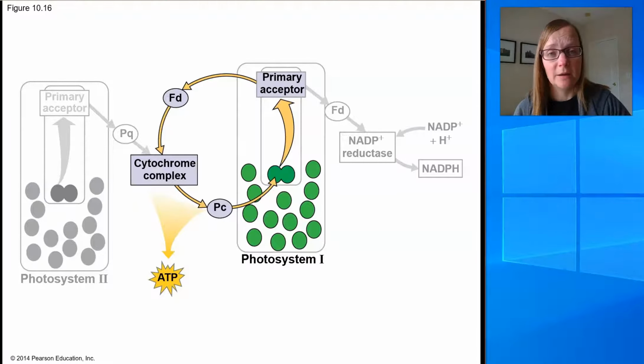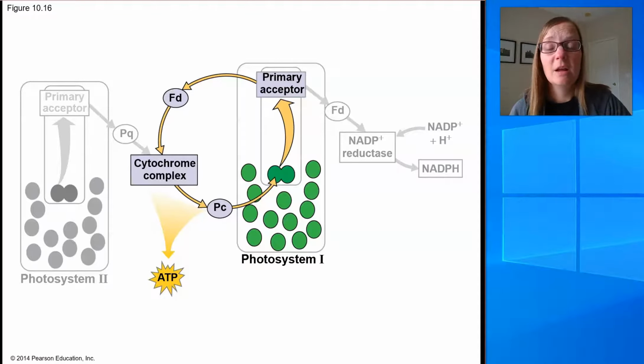Many prokaryotic photosynthetic organisms will use cyclic electron flow, and so we think it's a simpler version of photosynthesis. It probably is somewhat similar to what evolved first when photosynthesis was first an acquired trait of living organisms.